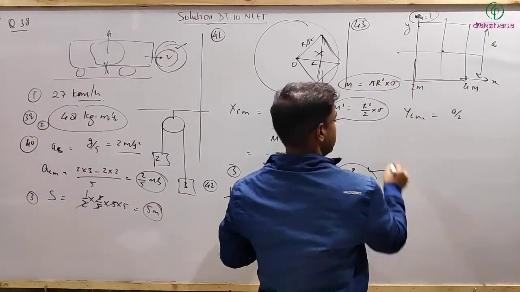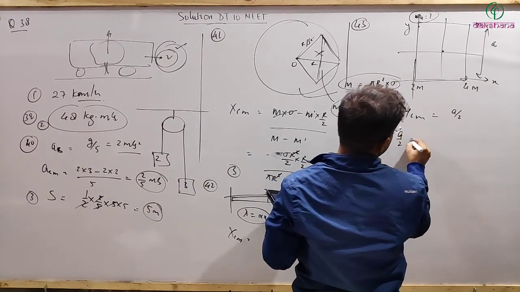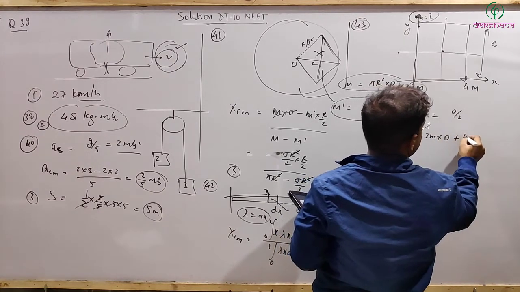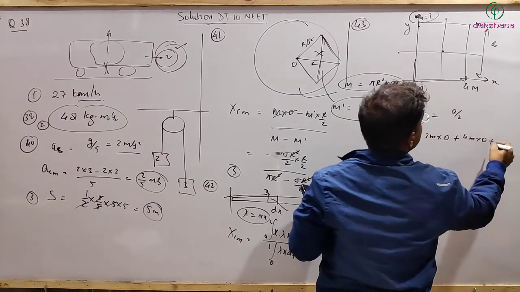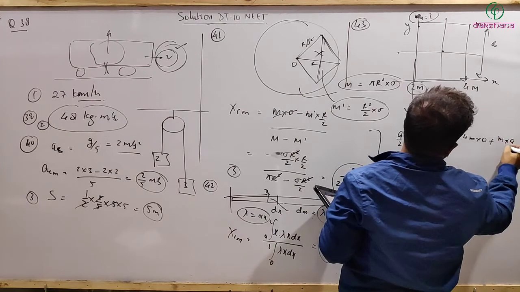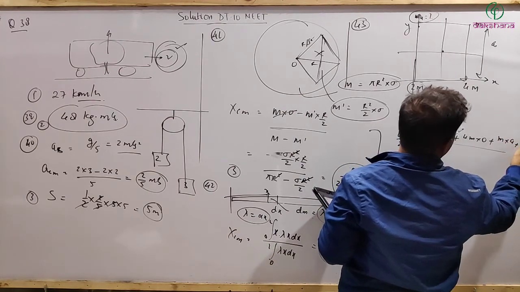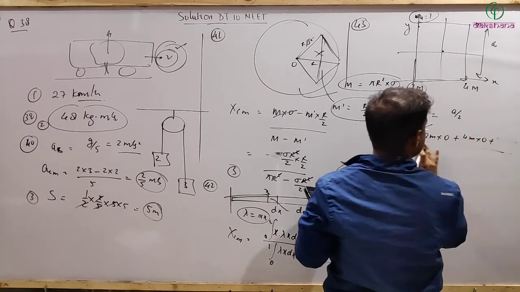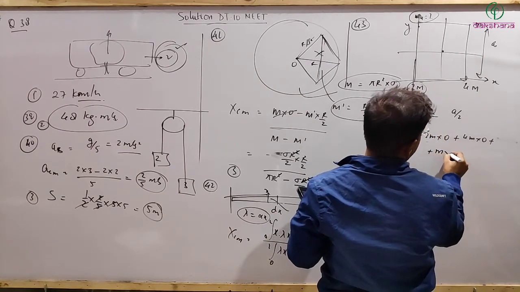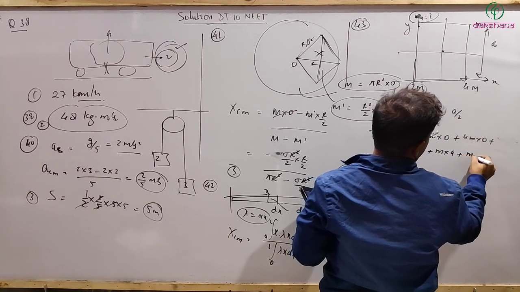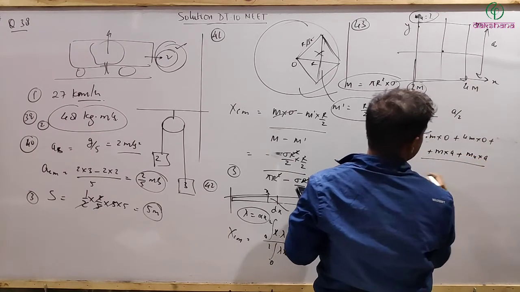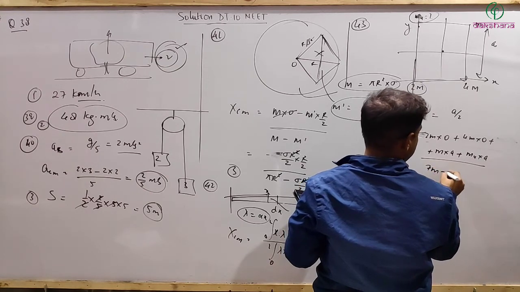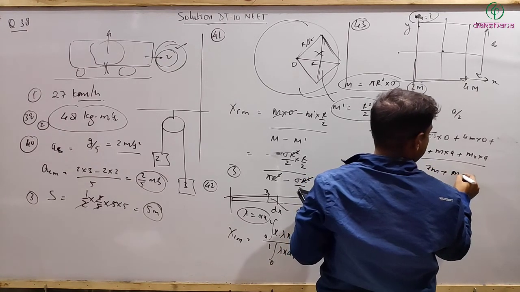Substituting, a by 2 is equal to 2m into 0 plus 4m into 0 plus m into a plus m4 into a, divided by the total mass, which is 7m plus m4.